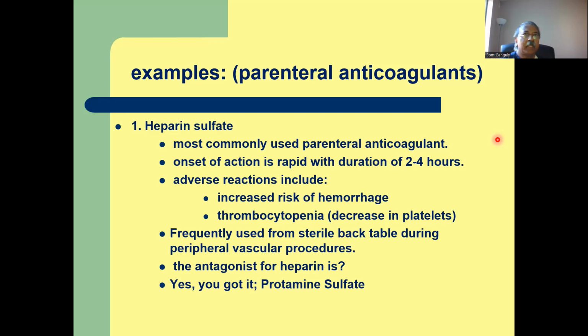To prevent that, the surgeon will ask the anesthesia to give anticoagulant, because I'm going to open the blood vessels and the blood vessels are going to think there is a bleeding. Let's go sit there and clot. Prevent that natural clot formation, so I can work efficiently.